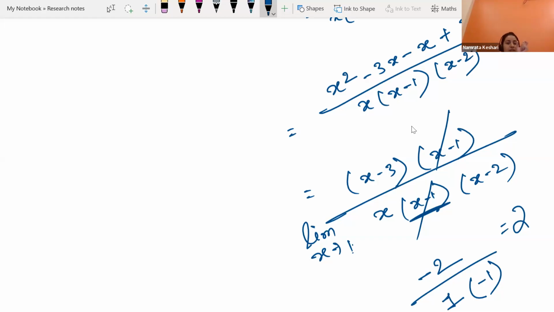If at the given x our function is not defined, which can be the case, then we will do the simplification. We will remove the problematic expression from our given rational expression, and then we will put the value, which will directly give us that when x is approaching 1, y is approaching 2, which you will be able to see from the graph of the given function as well.